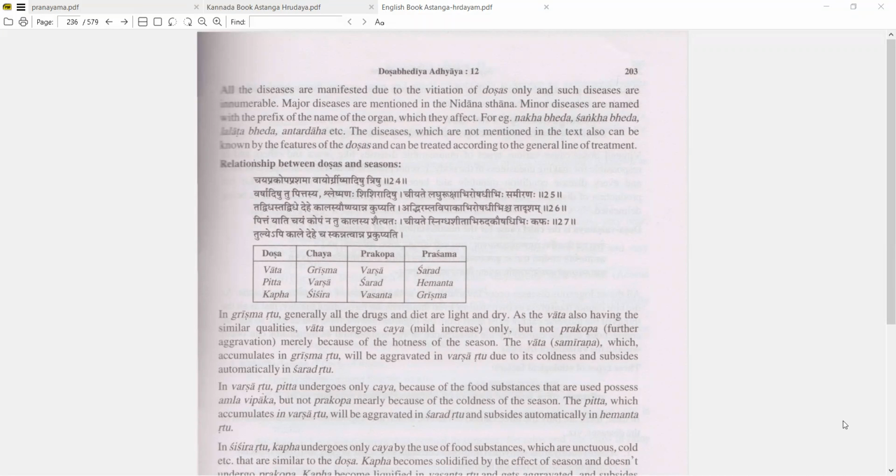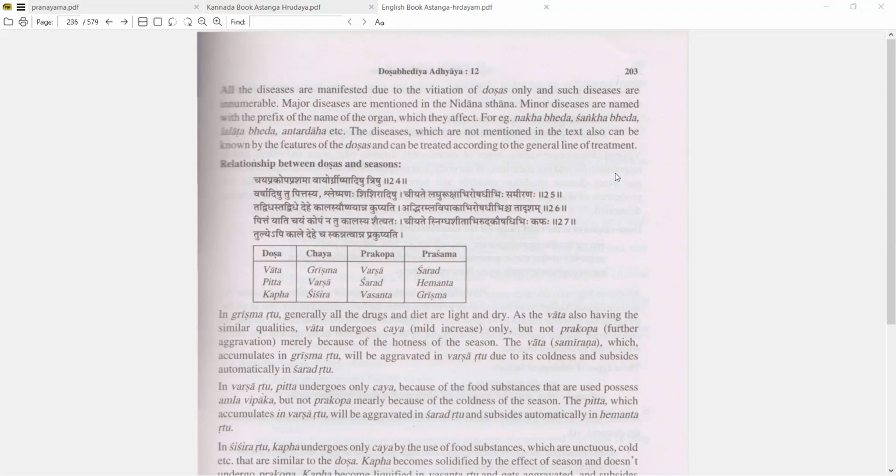Minor diseases are named with the prefix of the name of the organ which they affect, for example, Nakhabheda, Shankhabheda, Lalata Bheda, Antaradha, etc. The diseases which are not mentioned in the text can also be known by the features of the doshas and can be treated according to the general line of treatment.